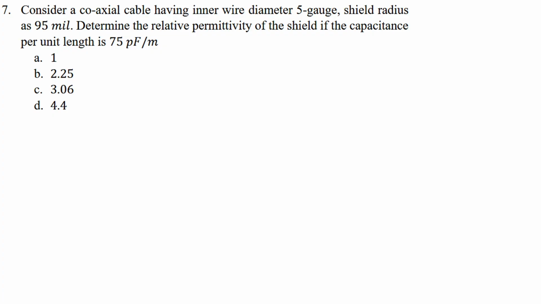Consider a coaxial cable having inner wire diameter as 5 gauge, shield radius as 95 mil. Determine the relative permittivity of the shield if the capacitance per unit length is 75 picofarad per meter. So here also, what is given is a coaxial cable.